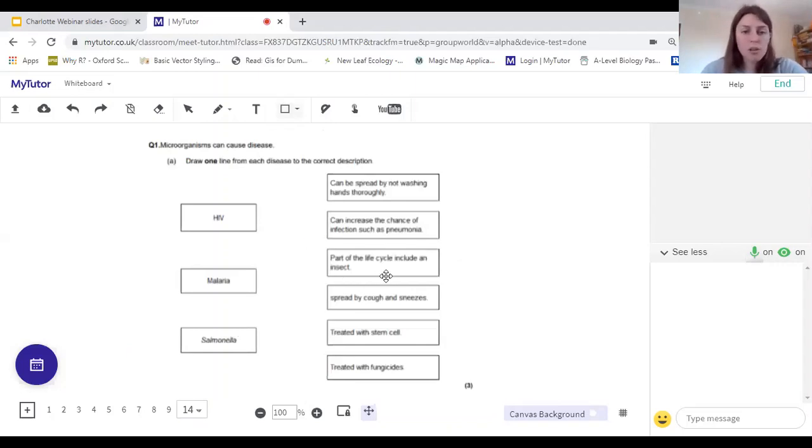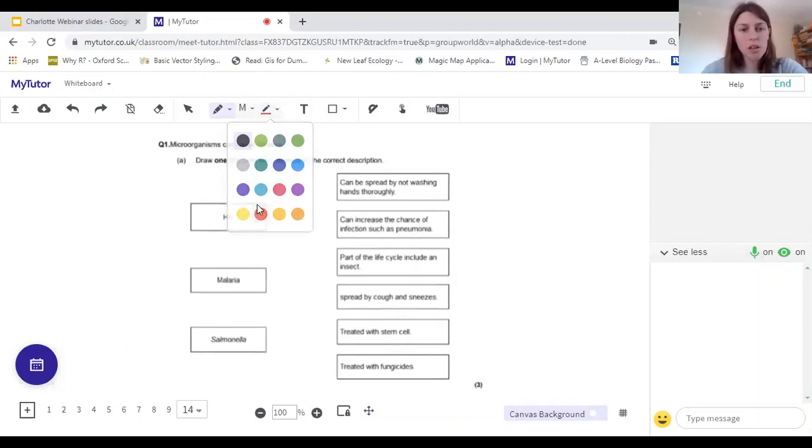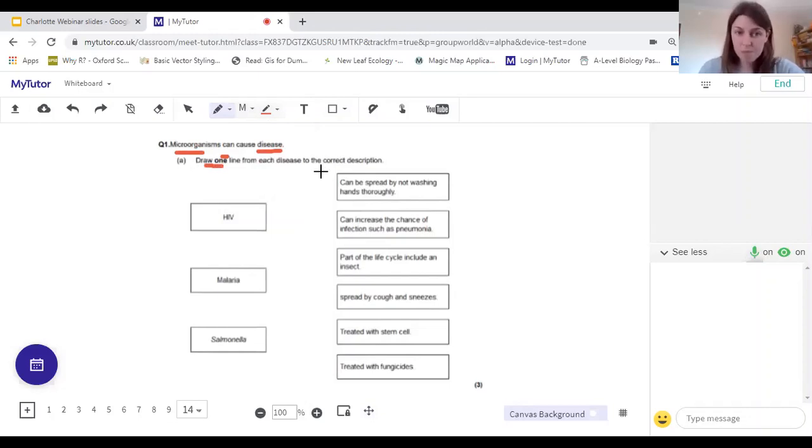Okay, so question 1, microorganisms can cause disease. Okay, so when we're doing a question, we always underline keywords. Make sure that we've read the question properly. Microorganisms can cause disease. We've learned today that not all microorganisms cause disease. Those that do, we call pathogens. Draw one line from each disease to the correct description.